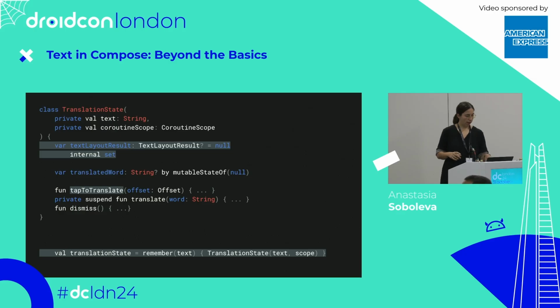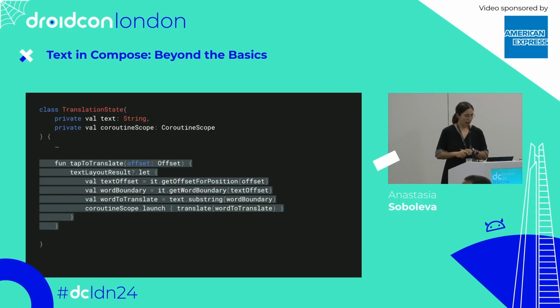So first of all, I have this state class that I've created that holds TextLayoutResult for me. And so when the tap happens, I get a position inside the layout node where the tap happened. From that, I need to understand which character it actually is, and I do this by using the getOffsetForPosition API from TextLayoutResult.